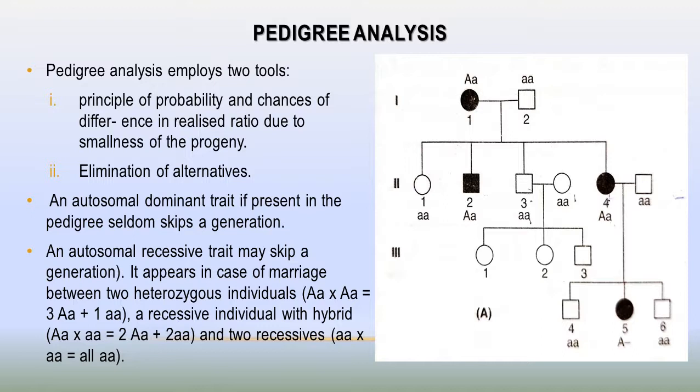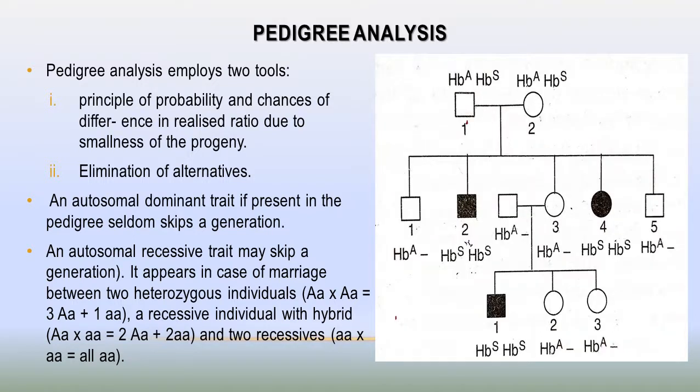And second is the autosomal recessive trait. Dear students, an autosomal recessive trait may skip a generation. Here, an example is given for sickle cell anemia. Sickle cell anemia is an autosomal recessive disorder.